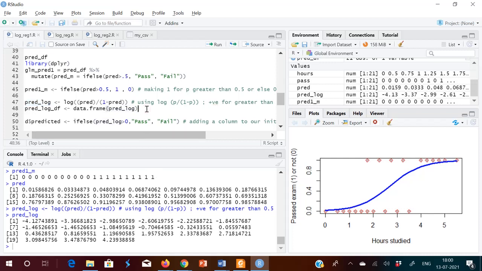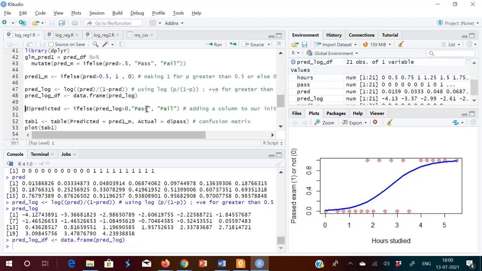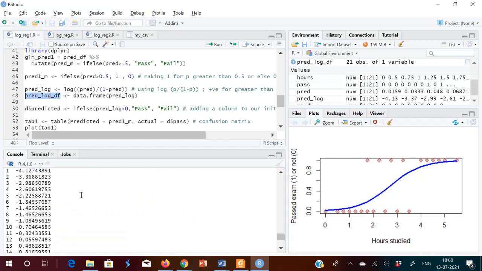So again I am going to make a data frame from that. D was our initial data frame.